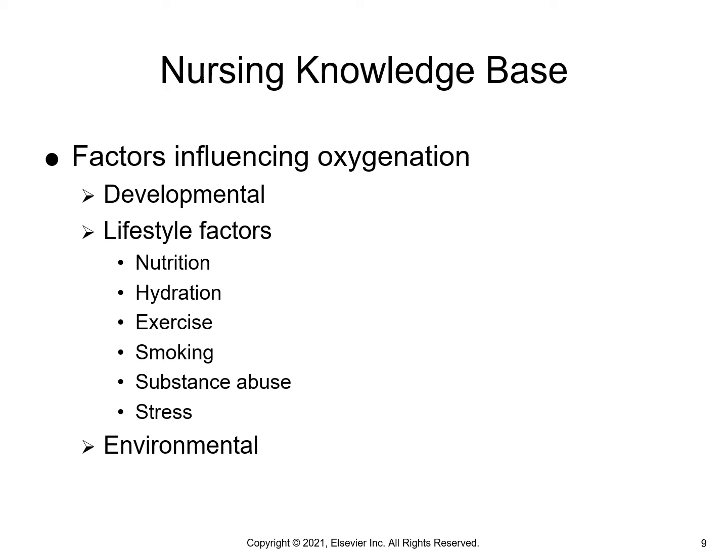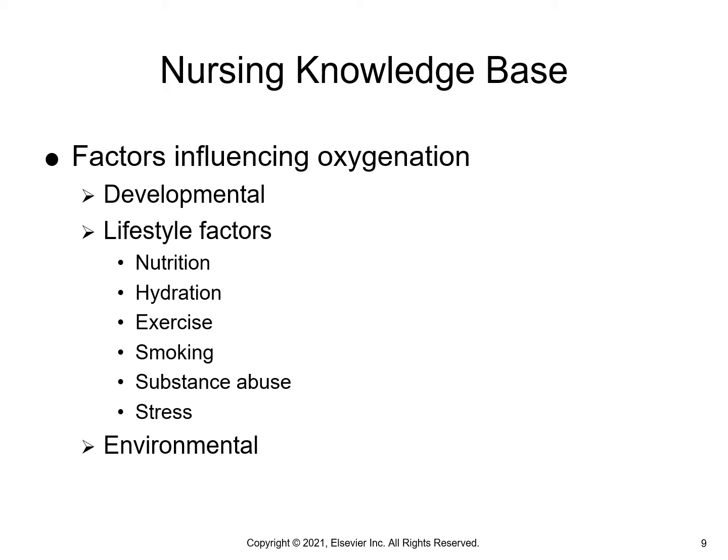Really, the studies have shown that dietary practice influences cardiovascular disorders. Hydration is important. Exercise will build resistance and endurance. I mean, smoking, even if it's secondhand, is tied directly to both cardiovascular and lung disorders.